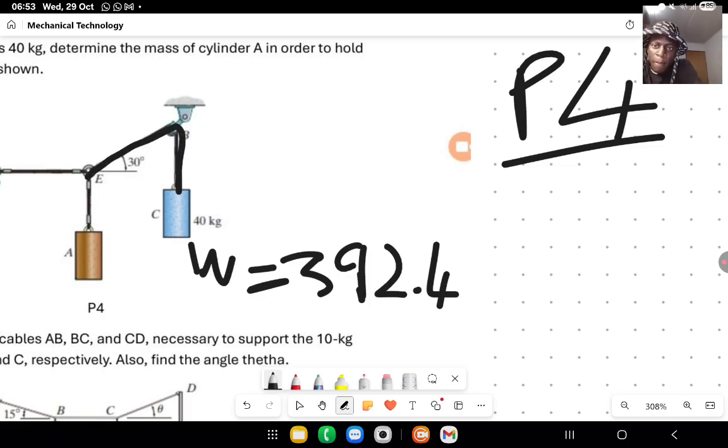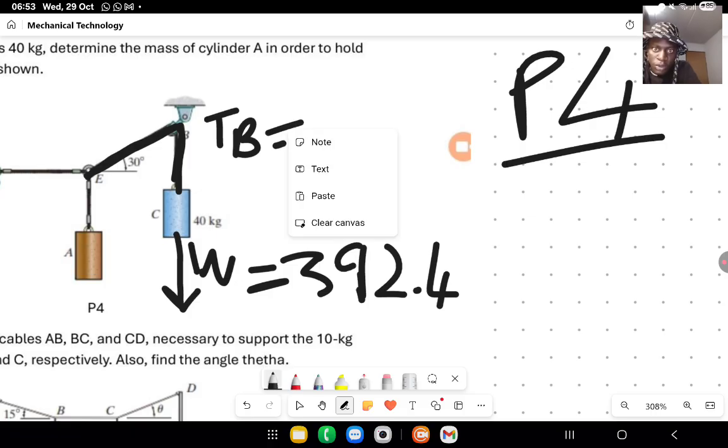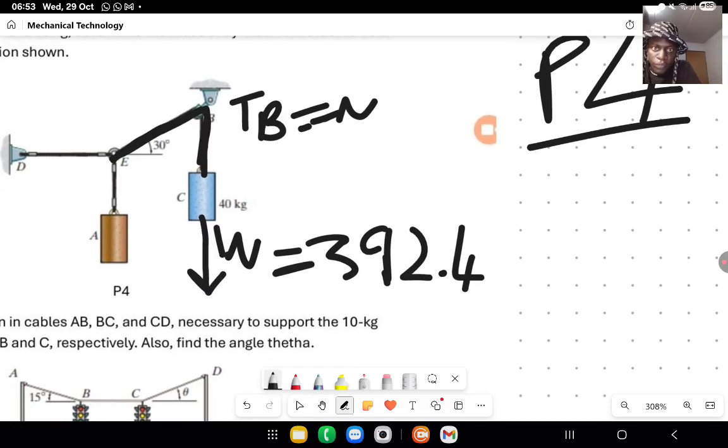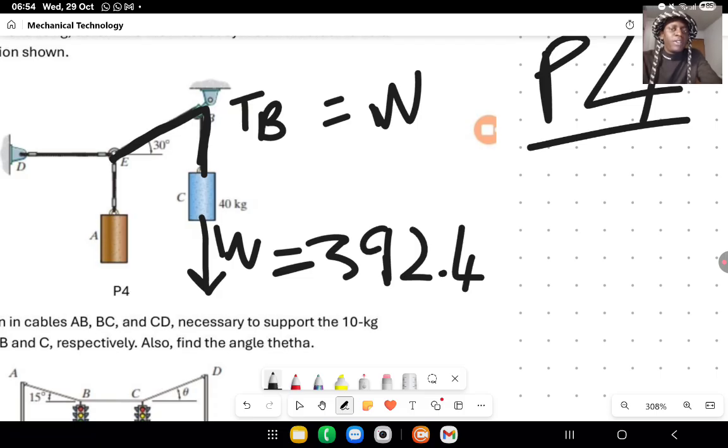So that means this rope is continuous here. That means if we have the weight going down here, then TB is also equal to the weight. Why? Because they have equal magnitude, but in different direction.